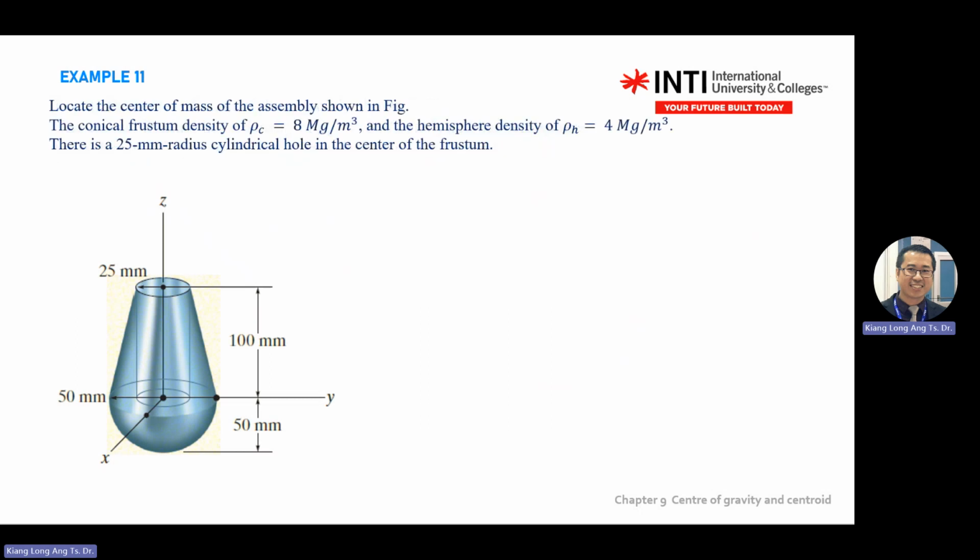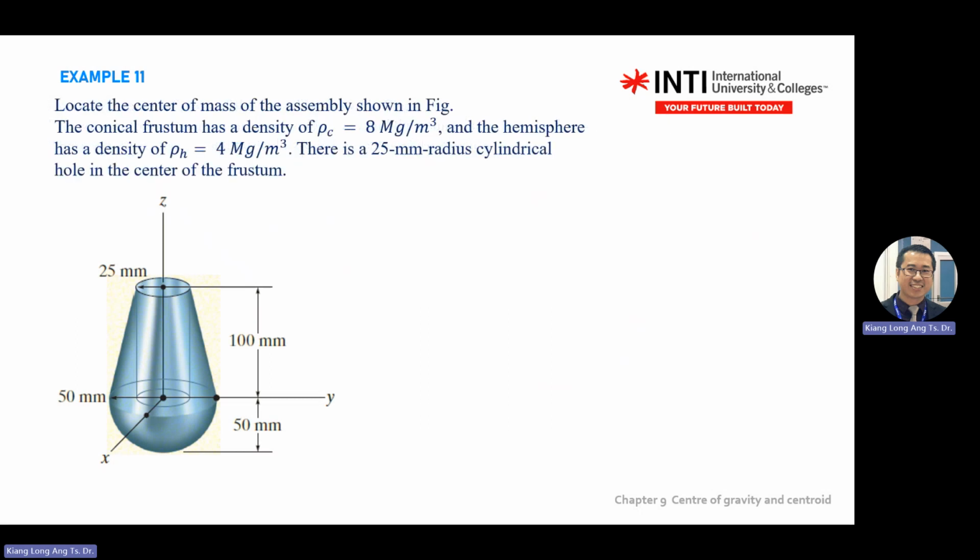Again, you're given the density. Density means you need to calculate dm. Modify the table into dm. Take the total minus the X. So the rest is the same. It only tells you what is different: the conical part has this density, the hemisphere has this density. But it doesn't change the concept.